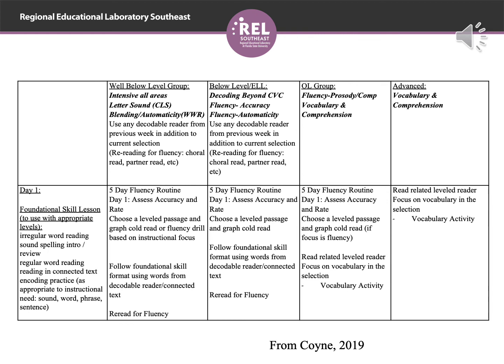He had a group that was well below level. He had another group that was English language learners, another group that needed work on oral language, and then an advanced group. So creating these kinds of differentiated lesson plans is really important to make sure that Tier 1 instruction is as good as it can be.